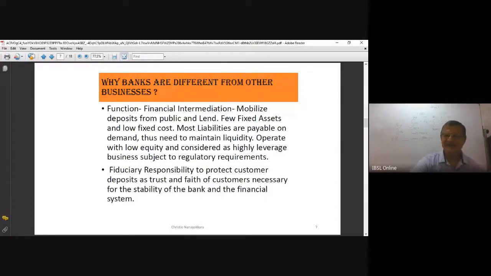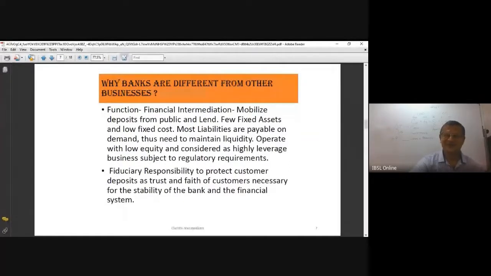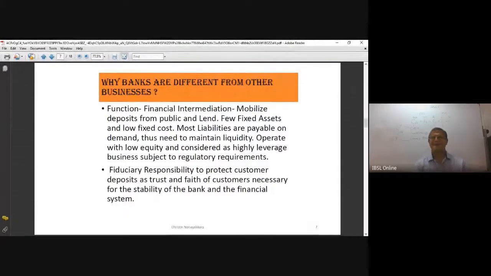Say a customer comes to you as a banker. I will say, I have a project for which all the relevant valuations or evaluations have been done, and if this project could be funded, I could make more money.